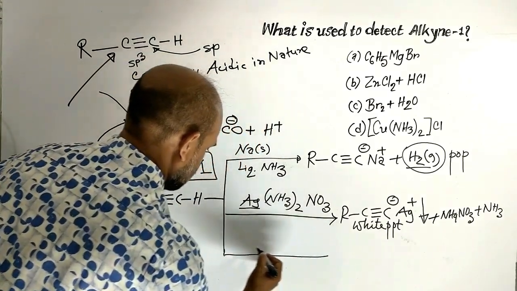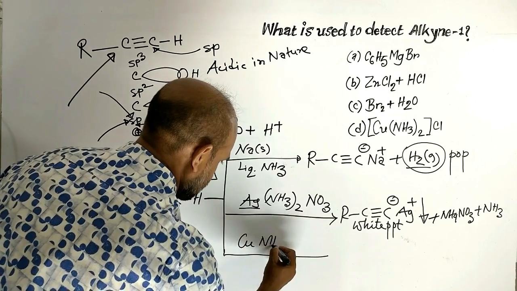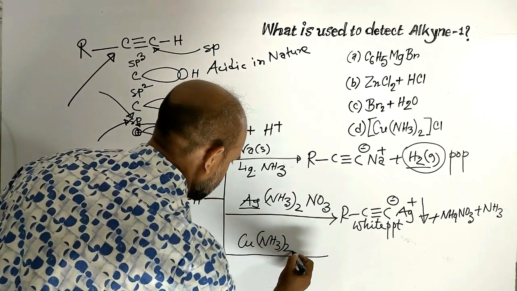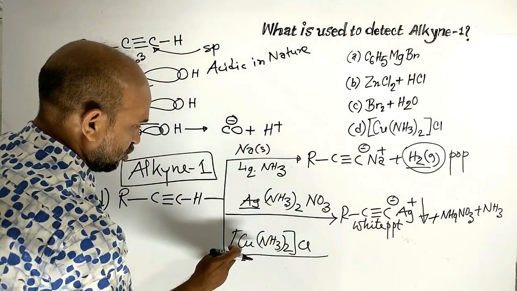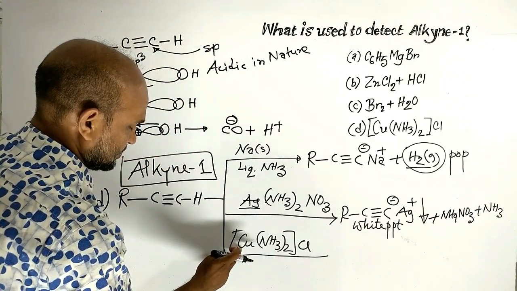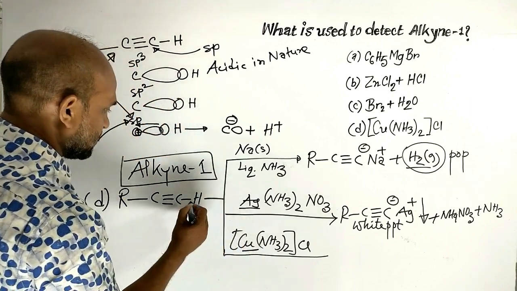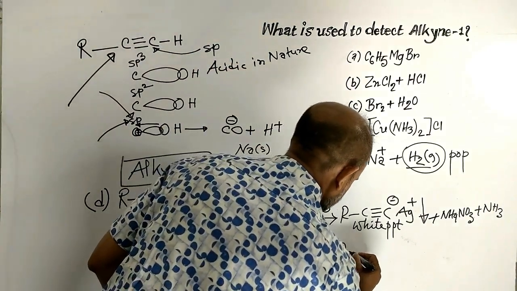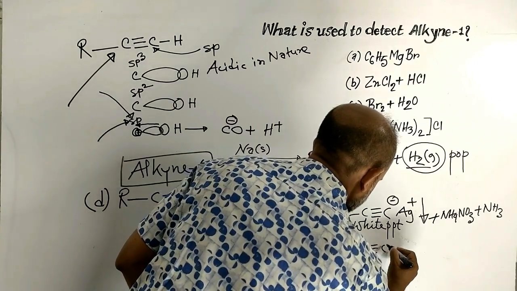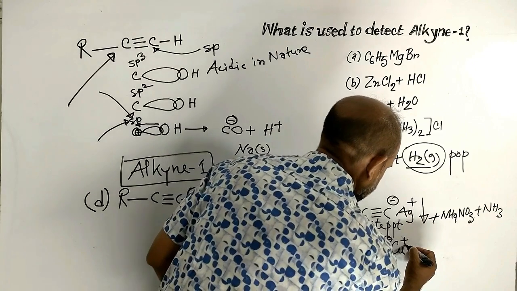Another way, ammoniacal cuprous chloride, diamine copper 1 chloride, which is ammoniacal cuprous chloride. With this reagent, copper replaces this hydrogen to form this one, copper plus.